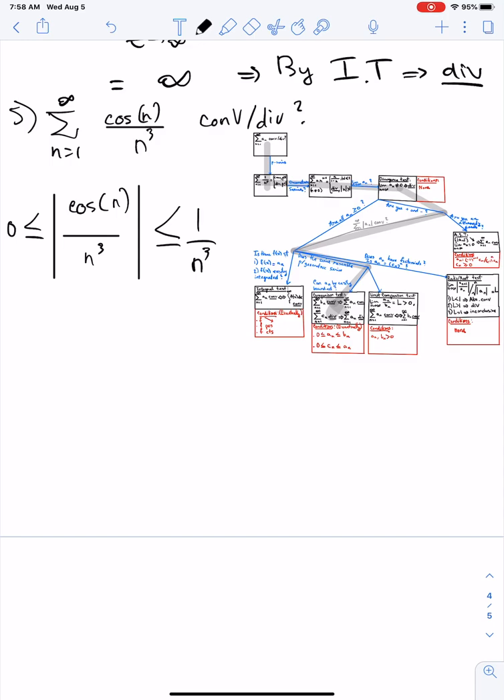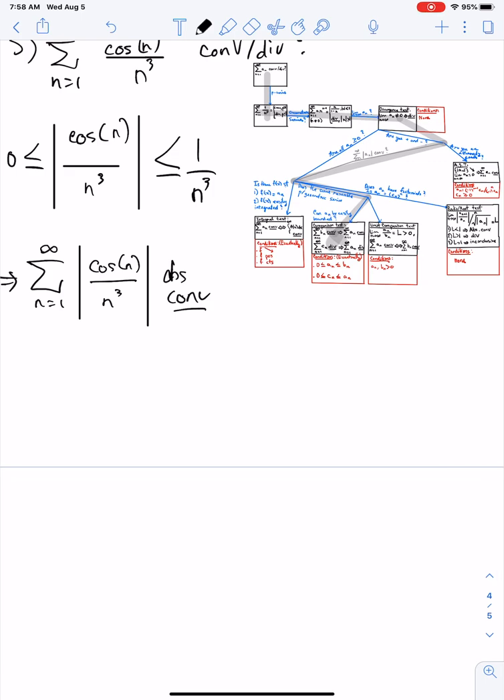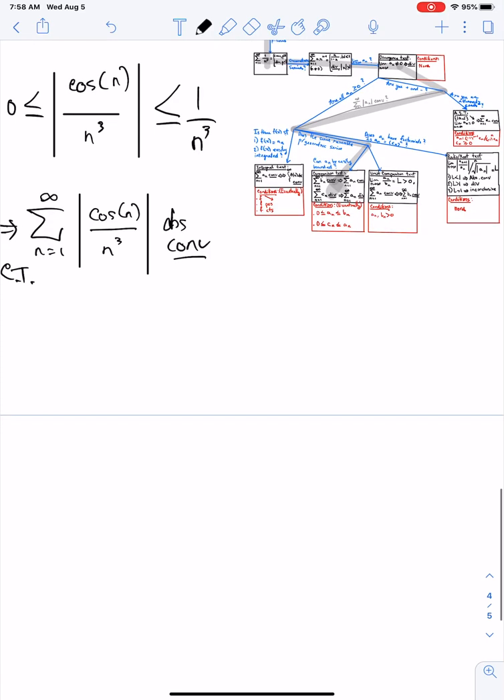So the series of the absolute value of cosine n over n cubed is going to be absolutely convergent by the comparison test. And if it is absolutely convergent, then the original series is going to be convergent as well.